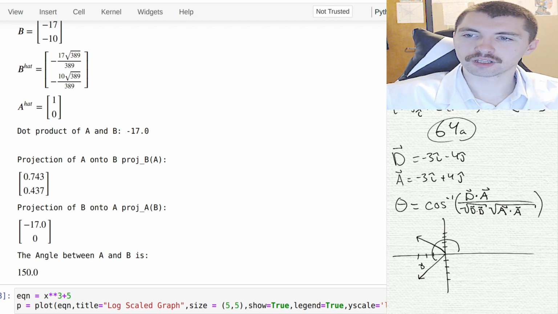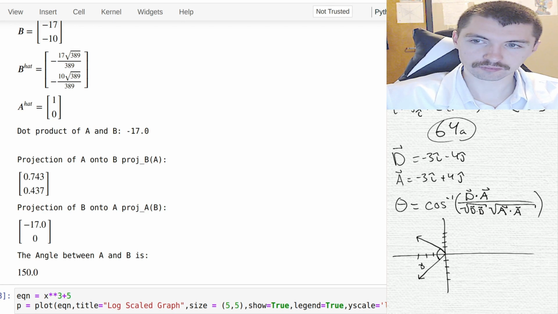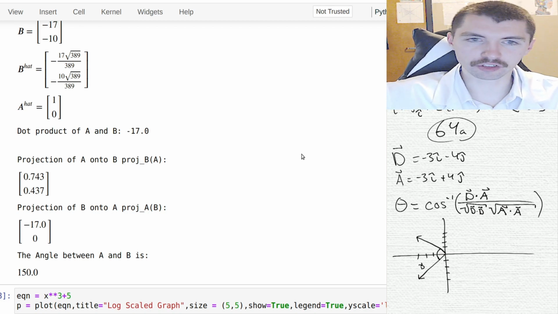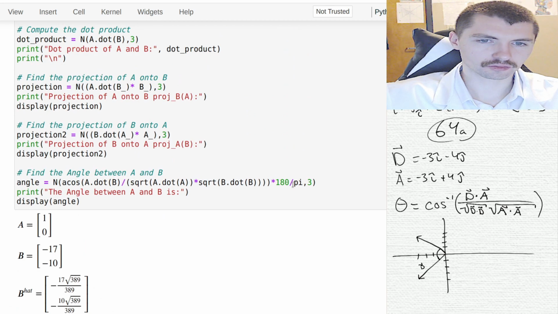So they want to know the angle of this. I'm sorry, they want to know this angle here. So it definitely doesn't look like it's 150 degrees. Looks more like 90 degrees.